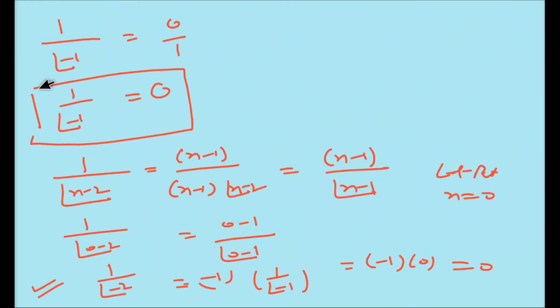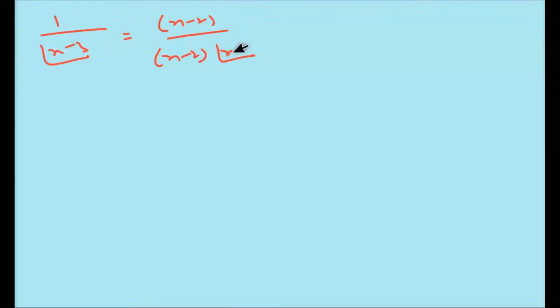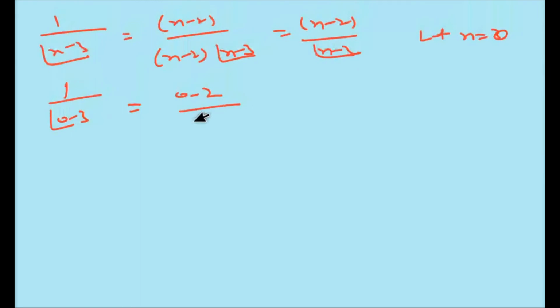Similarly, if we take n minus 3, and this is multiplied by n minus 2, what we get here? Now let n equal to 0. So we get 1 upon factorial 0 minus 3 equals 0 minus 2 upon factorial 0 minus 2. So we get minus 2 into 1 upon factorial minus 2. Now this is 0, so minus 2 into 0.